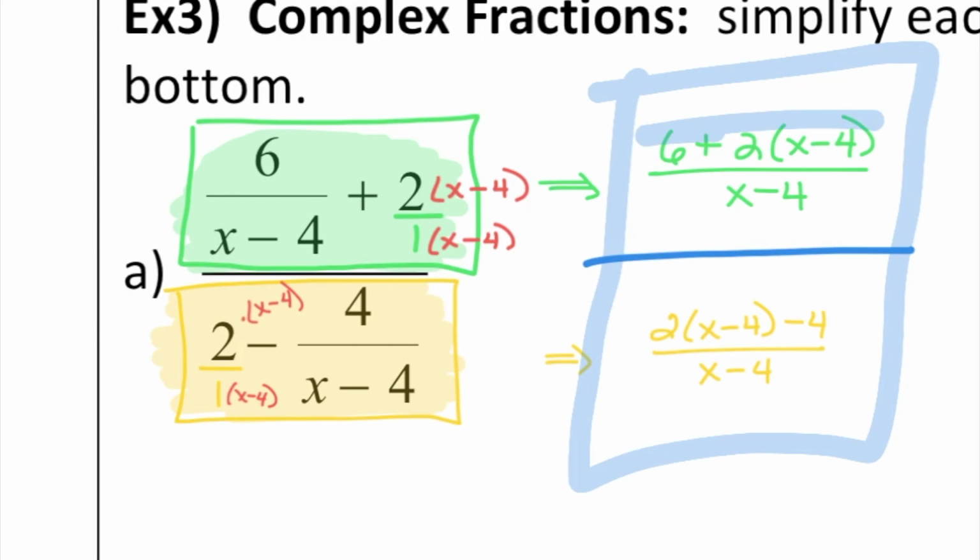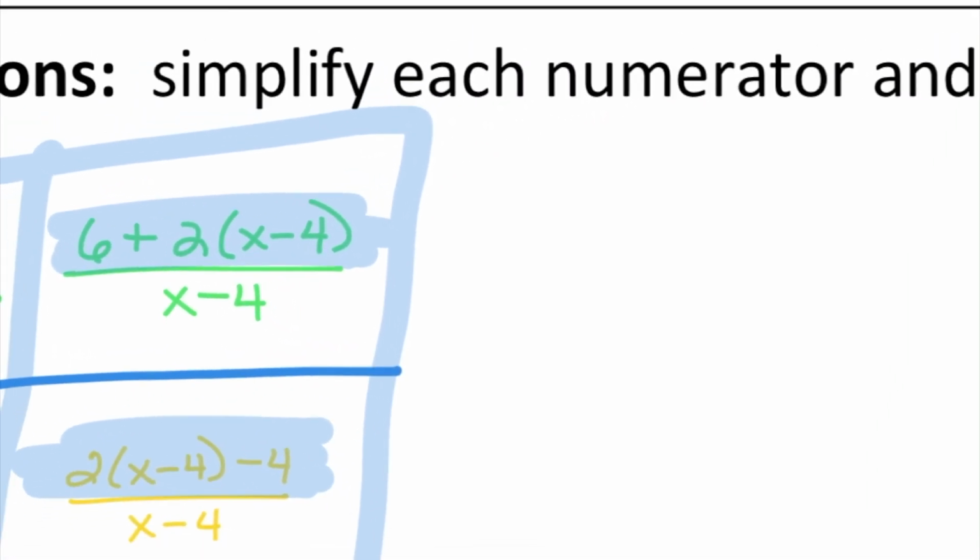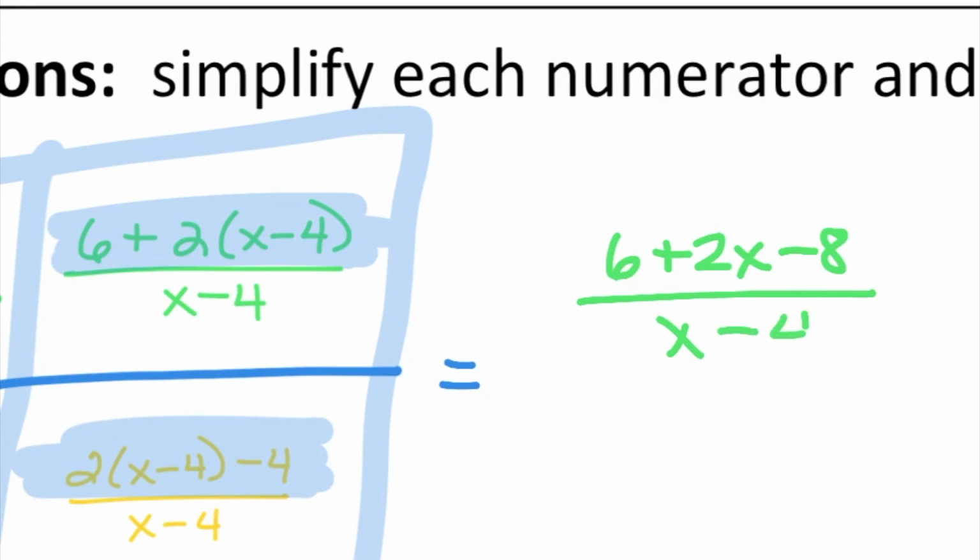So what I am going to do next, just because it's easiest, is I'm going to take my two numerators and simplify them. I'm going to distribute the two in each case across the parentheses and then combine like terms. So over here in this fraction, my numerator in the green fraction on top is going to be 6 plus 2x minus 8 over x minus 4.